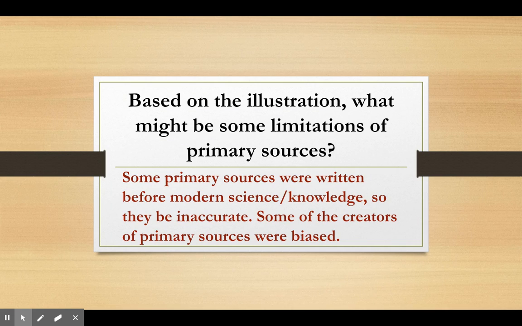Also, some of the creators of primary sources are biased. Just because someone was at an event and writes about it doesn't mean they're not biased. Doesn't mean they aren't leaning more one way than another. Most humans are biased. They might not think they are, but when they write about an event, they usually tend to write about it from their individual beliefs about a topic. So those are some limitations.